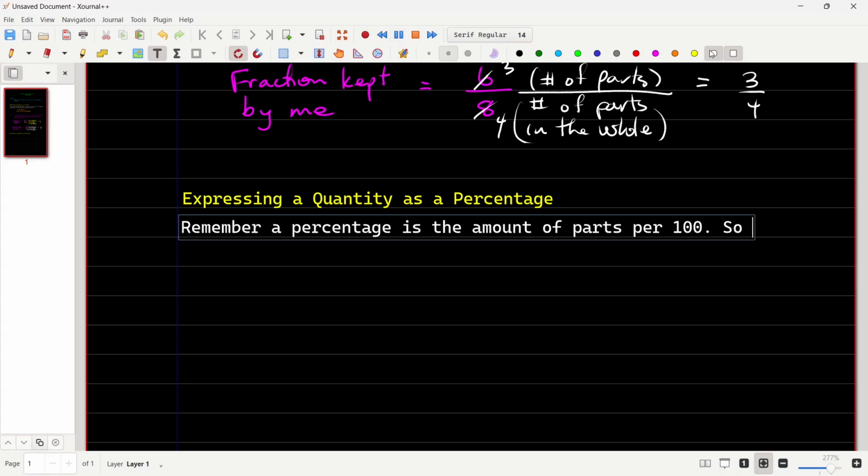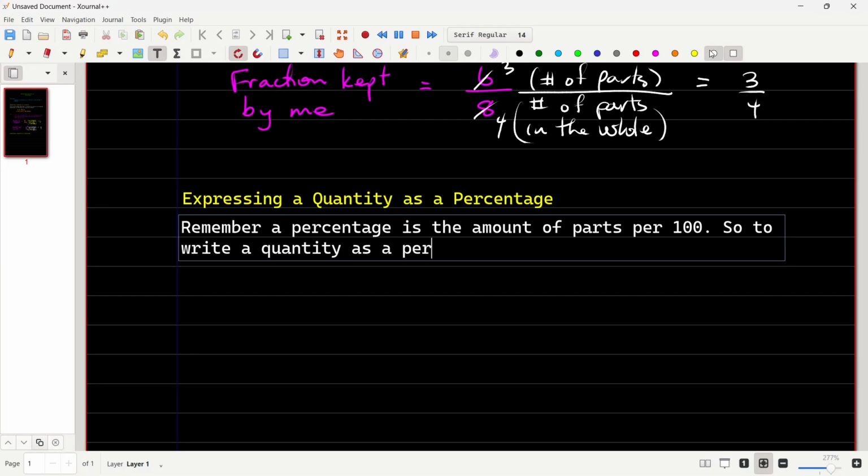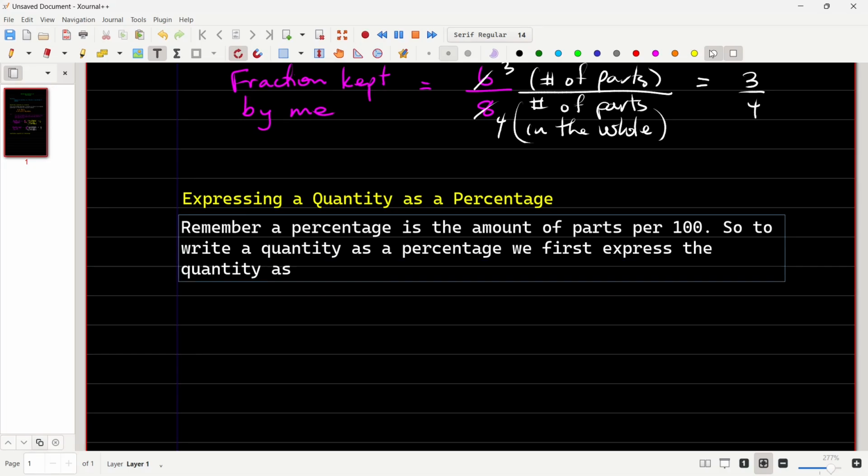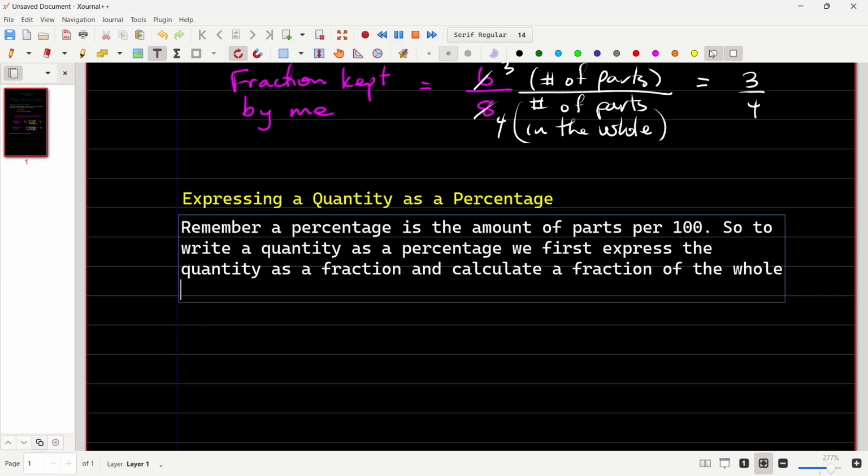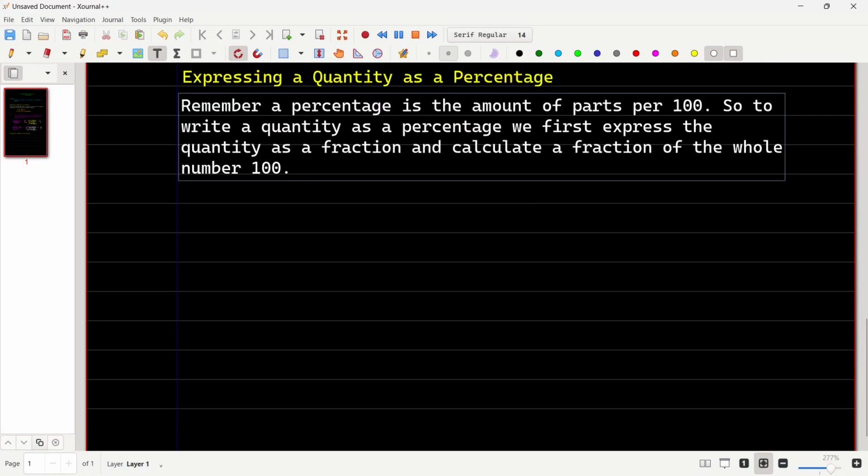So to write a quantity as a percentage, we first express the quantity as a fraction and calculate a fraction of the whole number 100. All right, so let me do an example. Actually, you know what? Let me put a formula here for you.